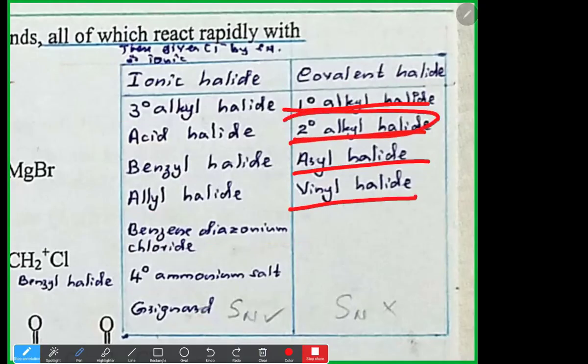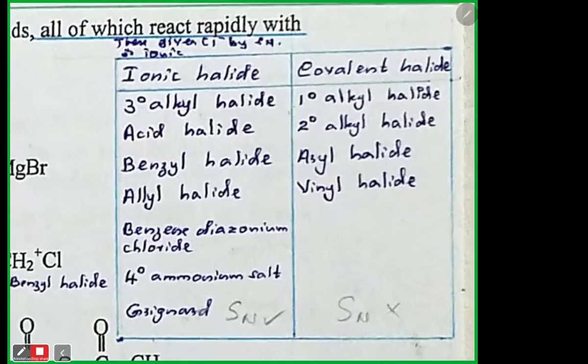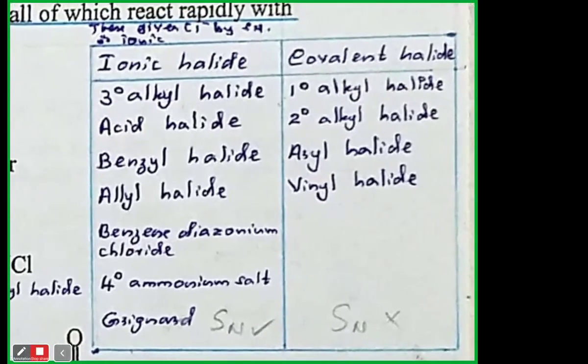Secondary is problematic, but usually I have taken it to this side. I didn't give this a short note because I don't want you guys to misunderstand this. This is not ionic or covalent halide. This is the way they are reacting or participating through SN reactions. Understood? Okay, copy this. In my short note, I have this, but I haven't given this to you.